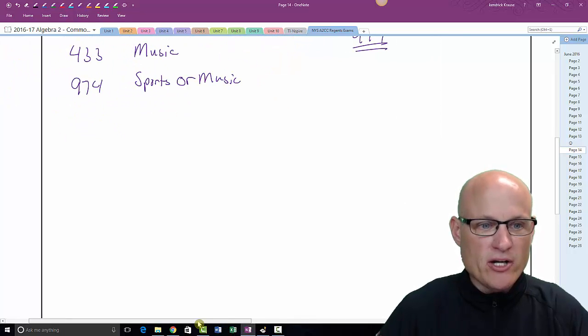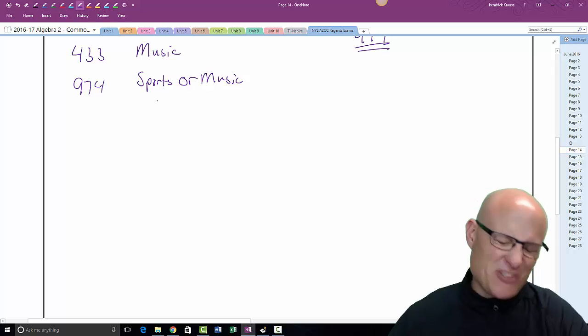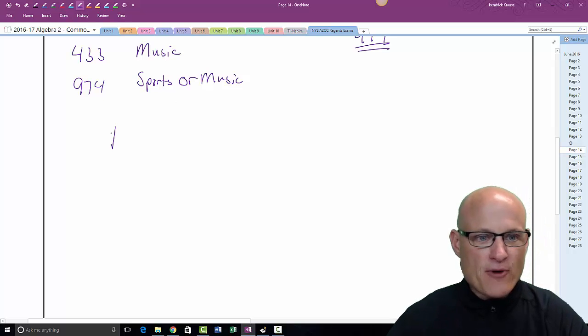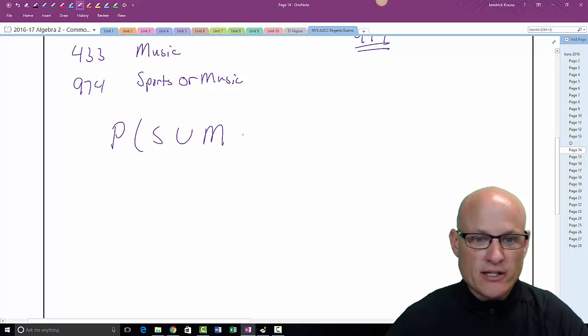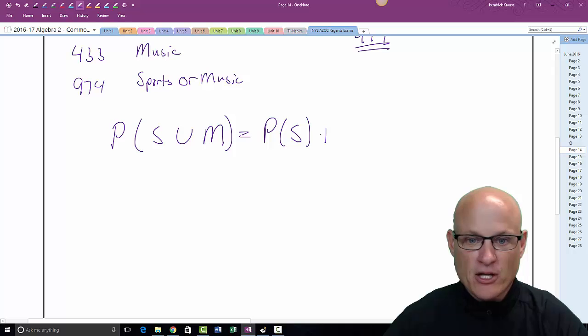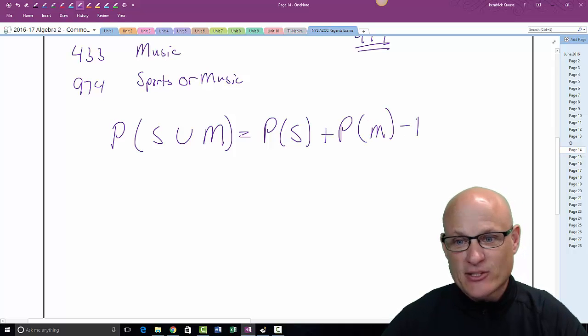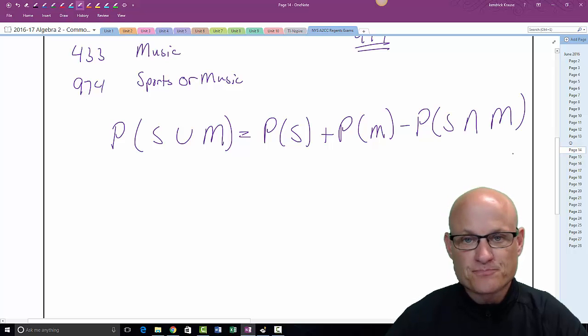Okay, so what you need to remember then is a formula, well, sort of a formula, that the probability of sports or music is equal to the probability of sports plus the probability of music minus their overlap, minus the probability of sports and music.